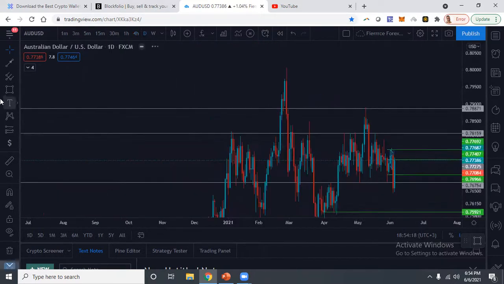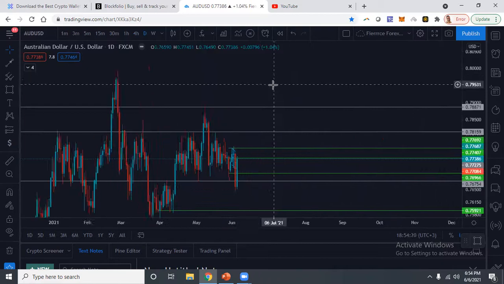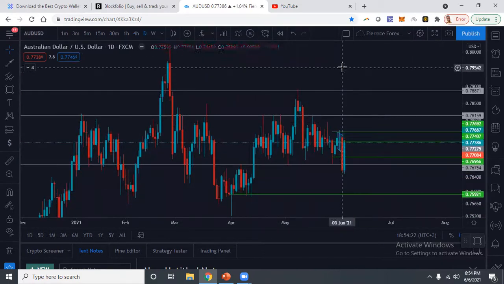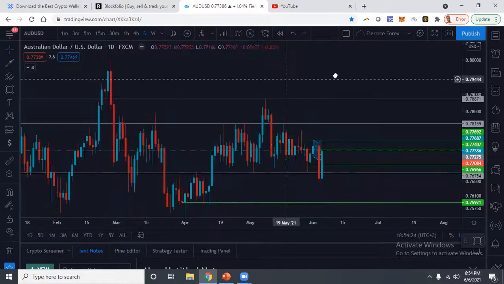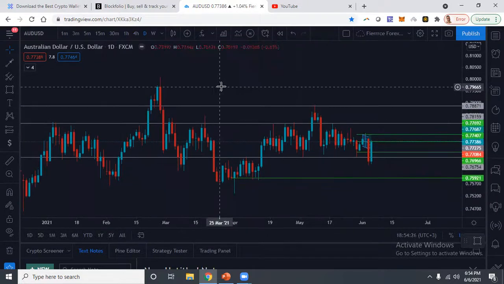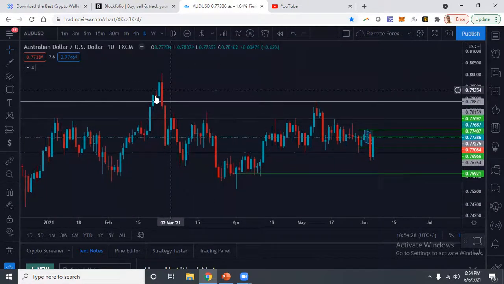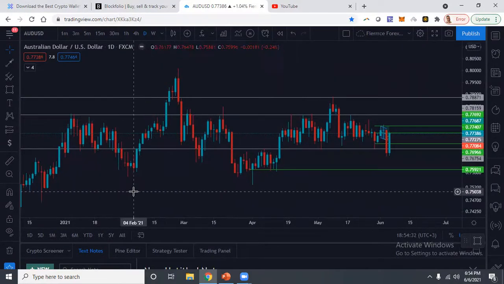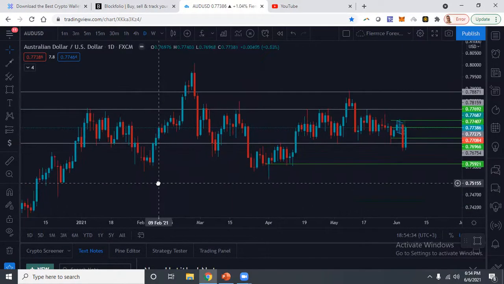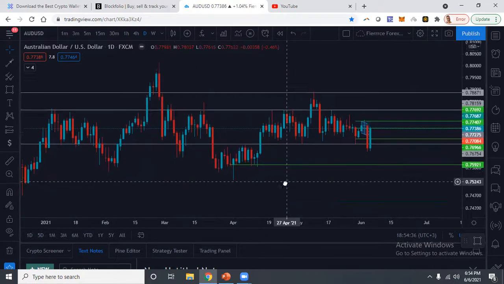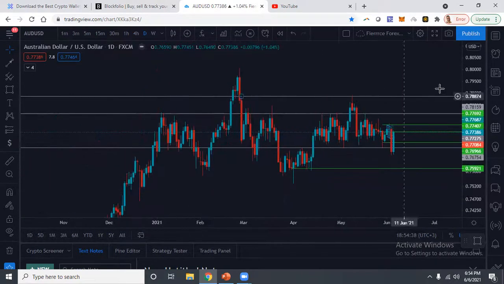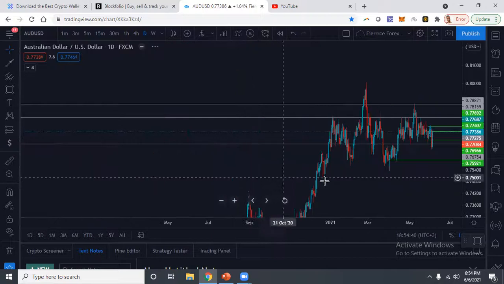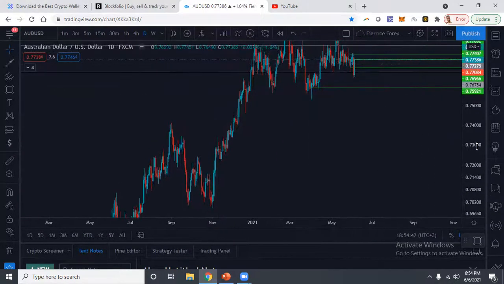I'll just go on to a higher time frame. Some of these markings are already there because they're based on my markup from last week. This is the first time I'm looking at this chart since Friday. Was it Thursday? So AUD USD is still in a consolidation of sorts.